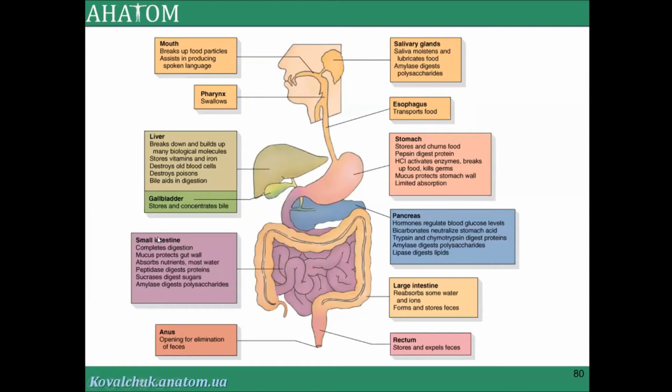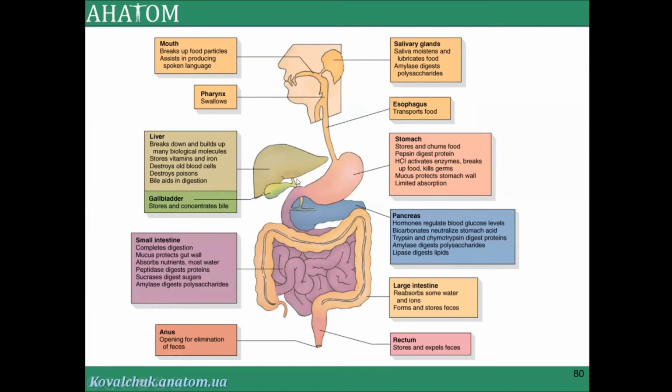Totally, liver and pancreas are the biggest glands. Liver is only an exocrine gland, but the pancreas has a small endocrine part, and its exocrine part is a mixed gland.